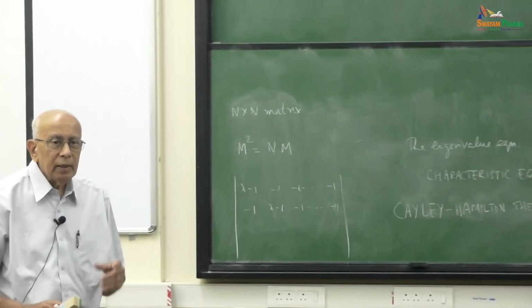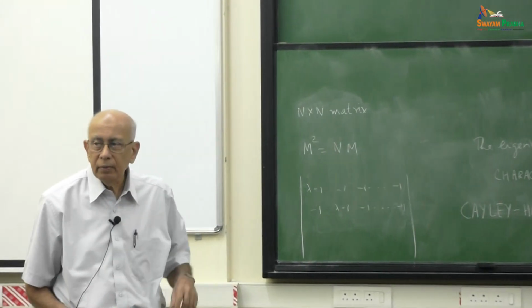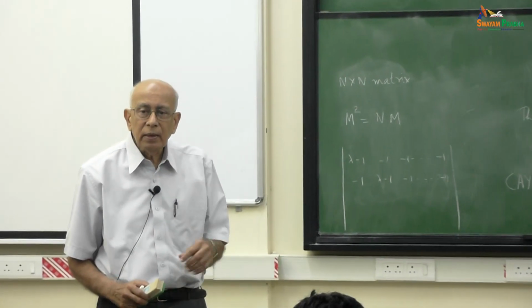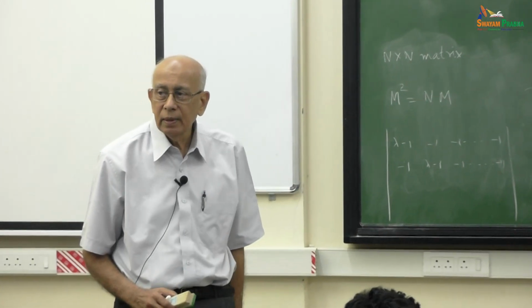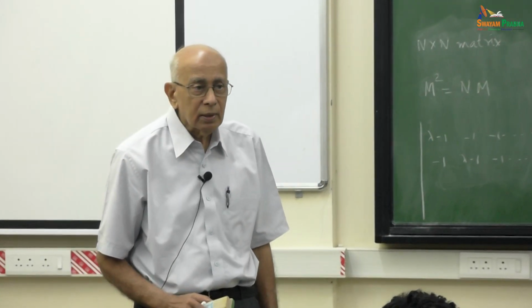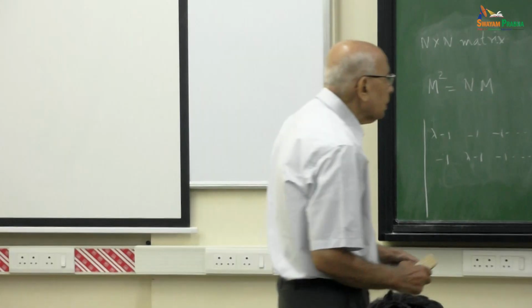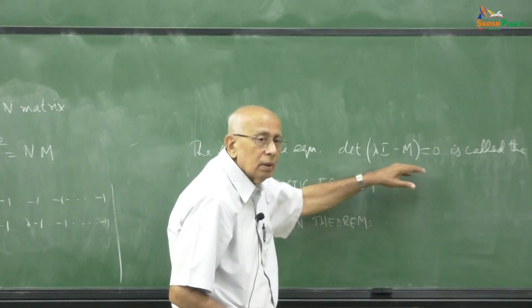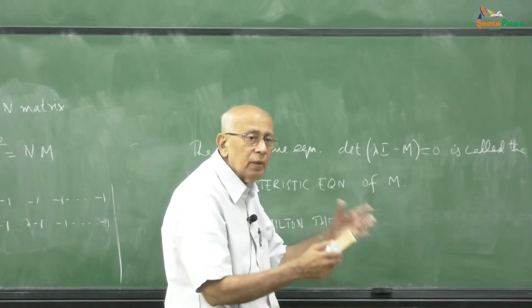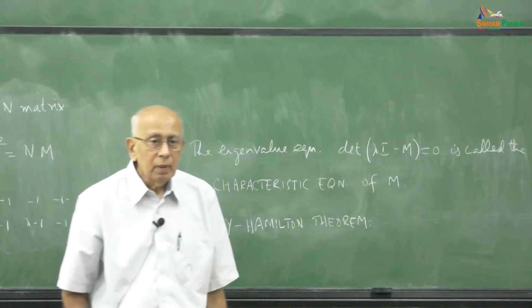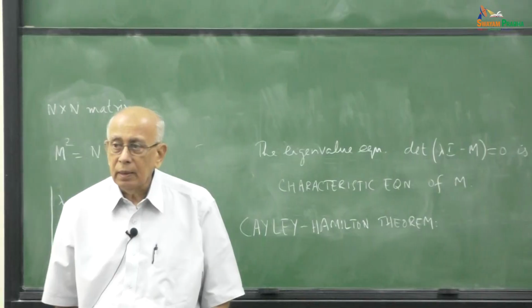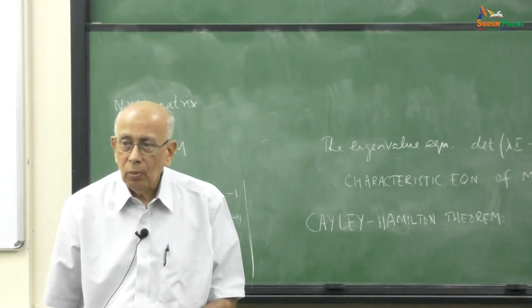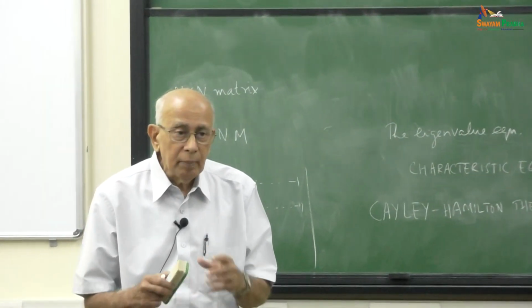It says every n by n square matrix satisfies its own characteristic equation as a matrix. This is not a trivial statement, because if you took an n by n matrix and wrote this equation out, what sort of equation is it? The unknown variable is lambda and it must have capital N roots. What is the leading power?